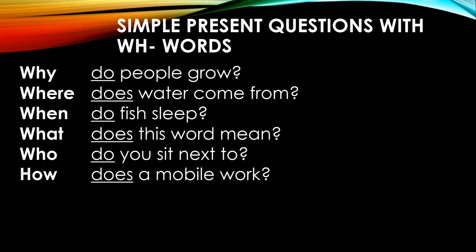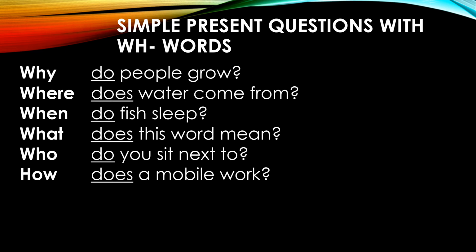Notice that some of these questions have do and others have does. What is the reason? We know that in present indefinite tense, we use S with a verb for third person singular. Over here, water is third person singular. If we use a pronoun for water, it would be it.